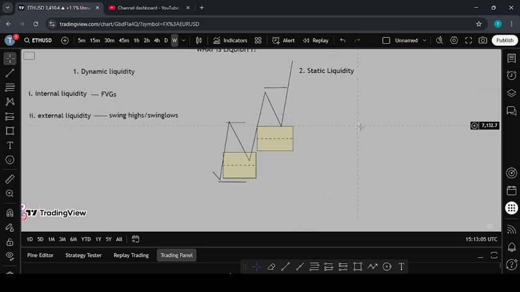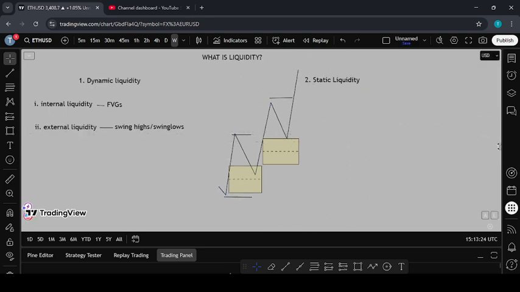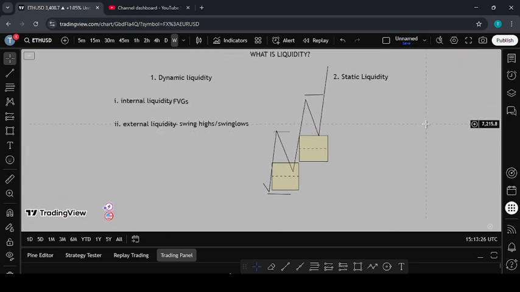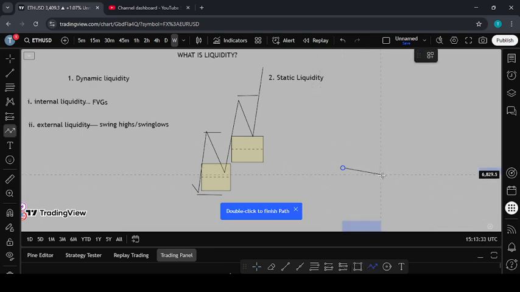So how does this market move? For market to move, market will go from an internal range liquidity, then to an external range liquidity, create a new external range liquidity, move into an internal range liquidity, out again to an external range liquidity. So when market creates this break of structure, that is what it does. What's the internal range liquidity now? Fair value gaps.